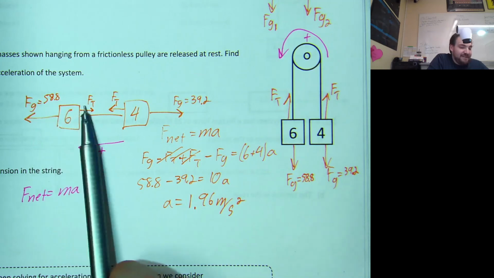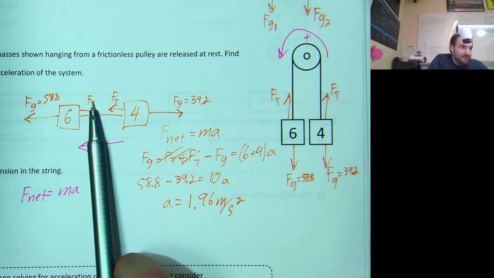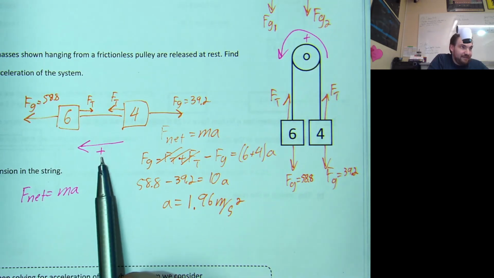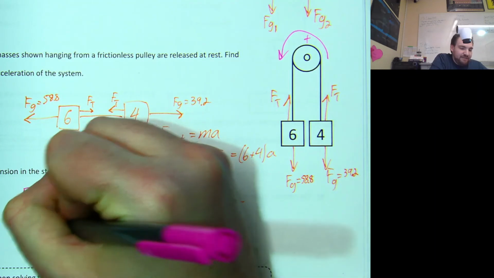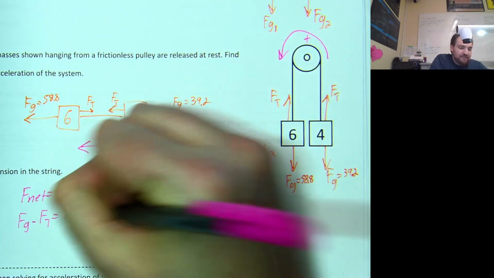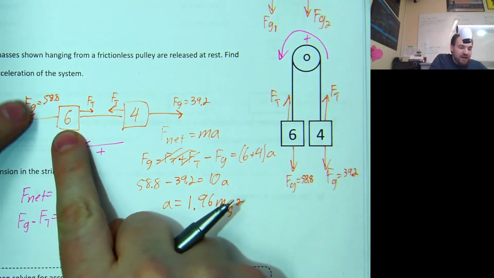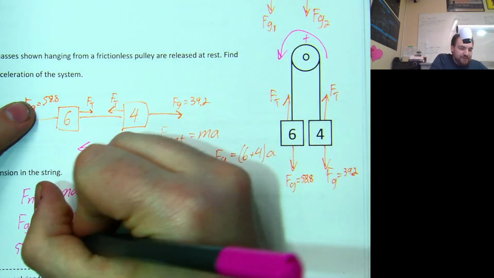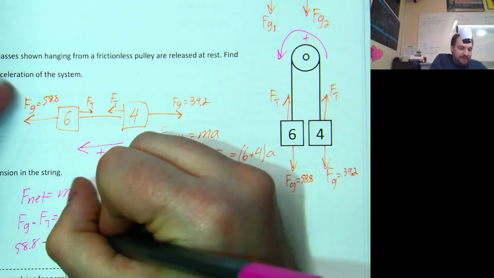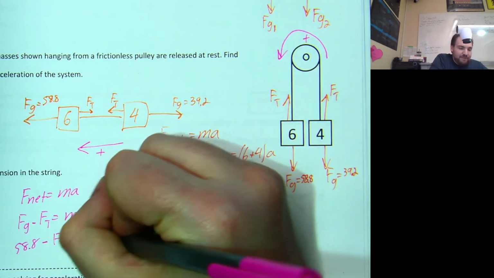Is it going to be Ft minus Fg or Fg minus Ft? It's going to be Fg minus Ft equals ma. Fg for this block is 58.8 minus Ft, which is what we're looking for, is going to equal the mass of that block times 1.96.